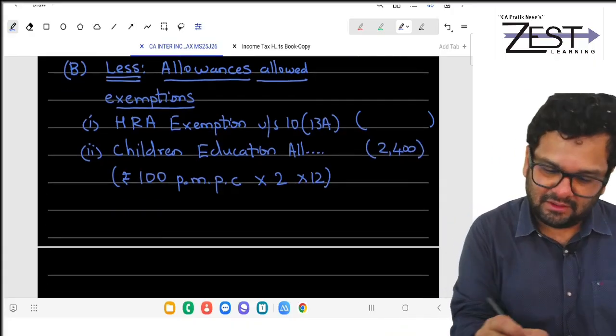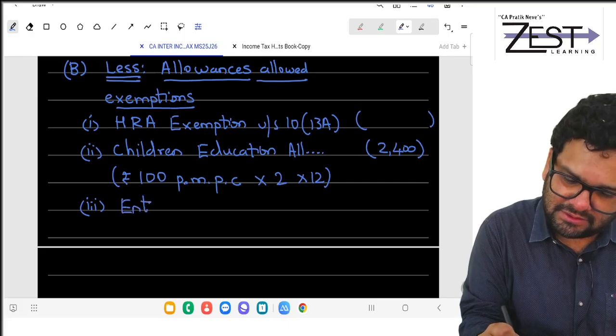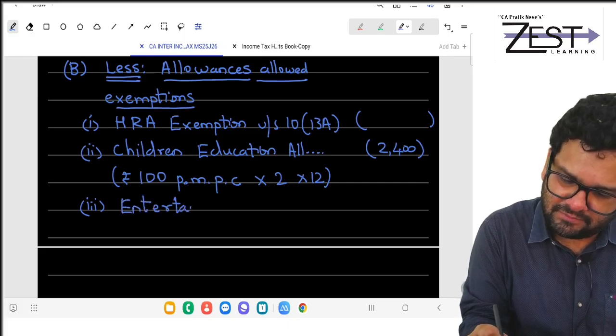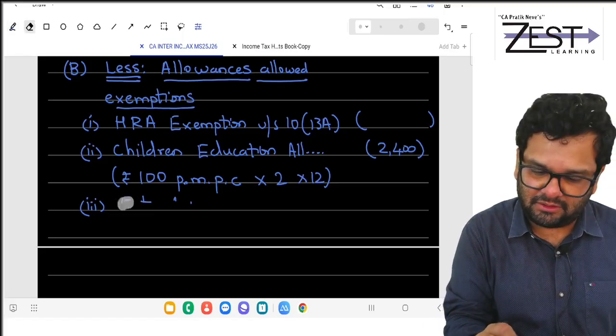So how much is the children education allowance exemption? 2,400. Third, hostel expenditure allowance, not entertainment, because entertainment you have decided now.